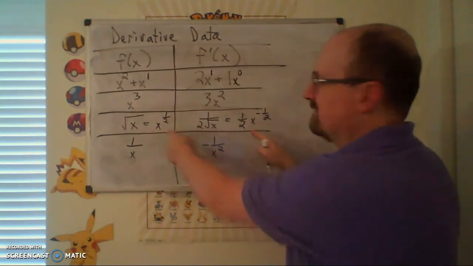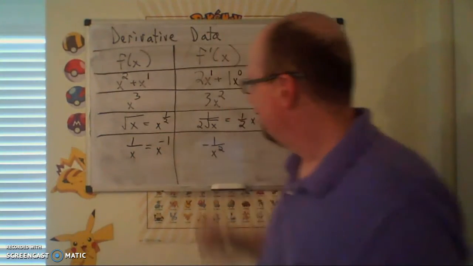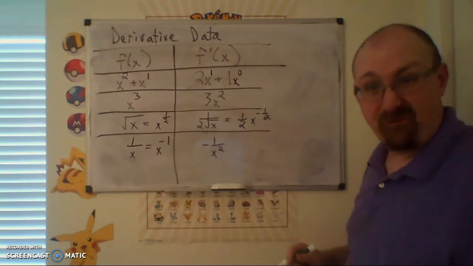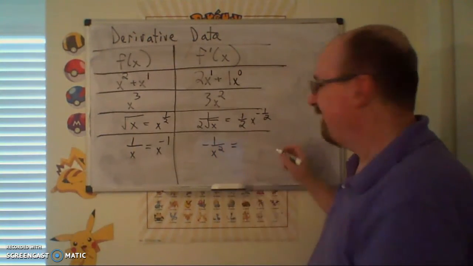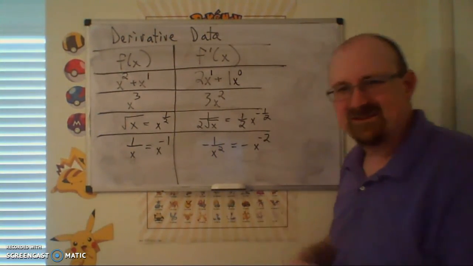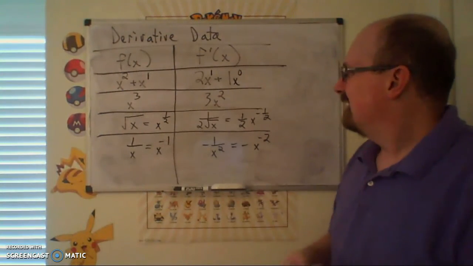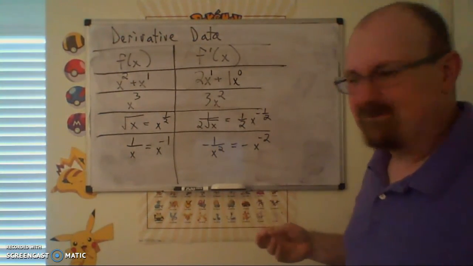So again, maybe the pattern's continuing. You might see where this is going. That's x to the negative first. We come over here, we rewrite that, we get negative x to the negative second. Our data are indicating that we're kind of doing something consistently.